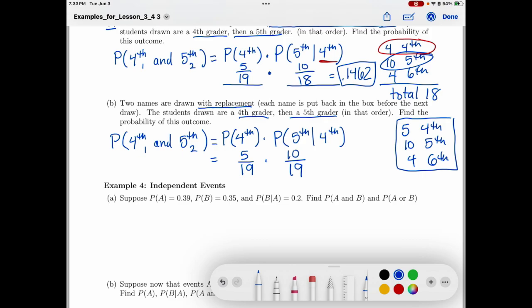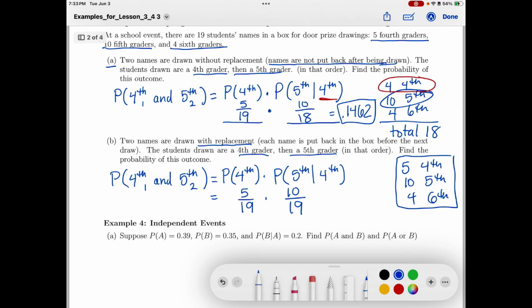When we put that name back in the box, it reset it, and it didn't change any of the probabilities. Whereas in the first part, without the replacement, it changed the probability of picking a 5th grader from 10 out of 19 to 10 out of 18 when we made that assumption that we picked a 4th grader.